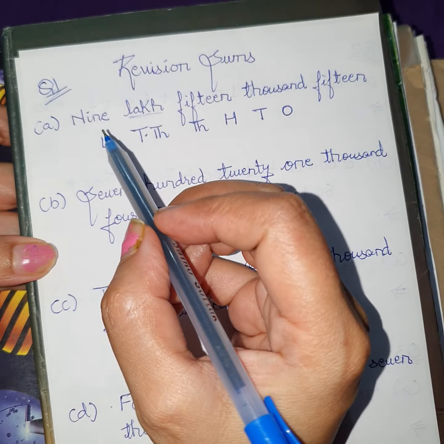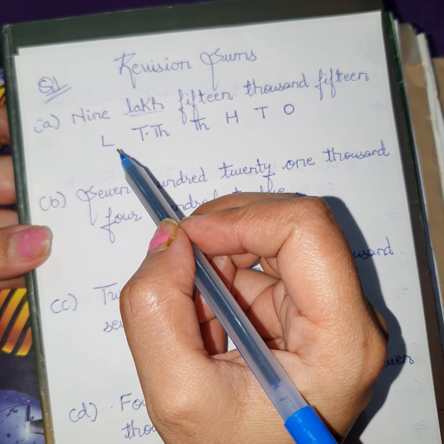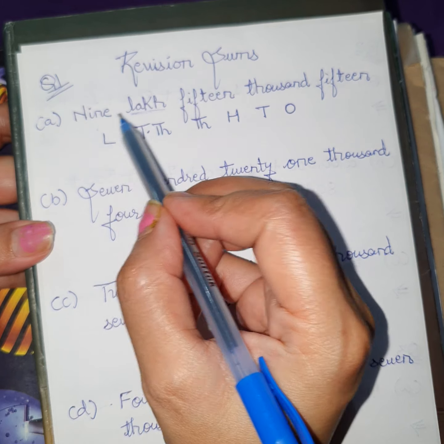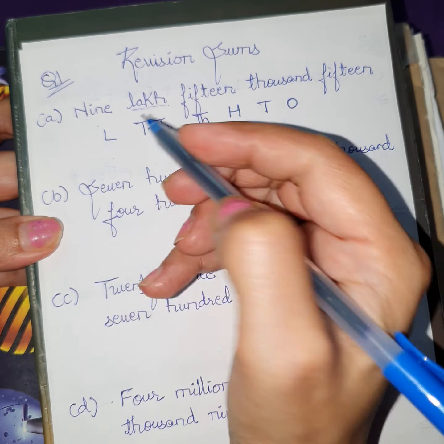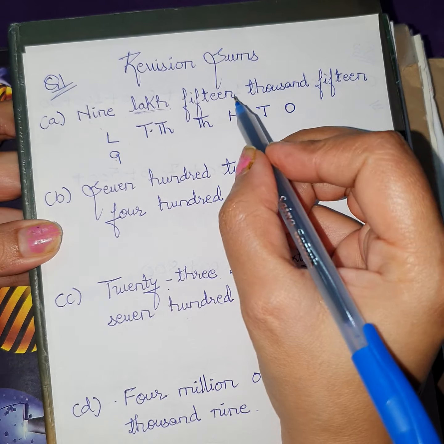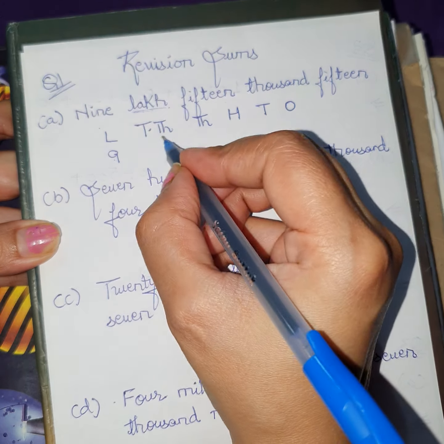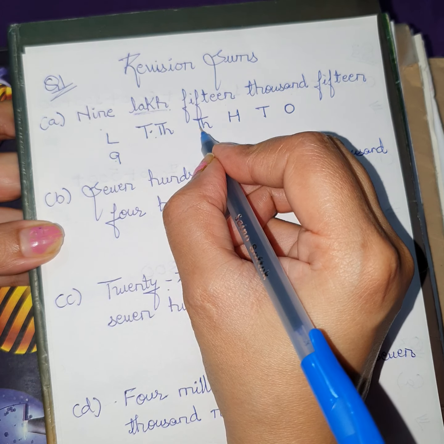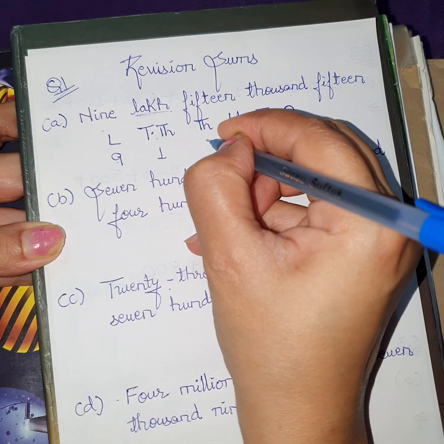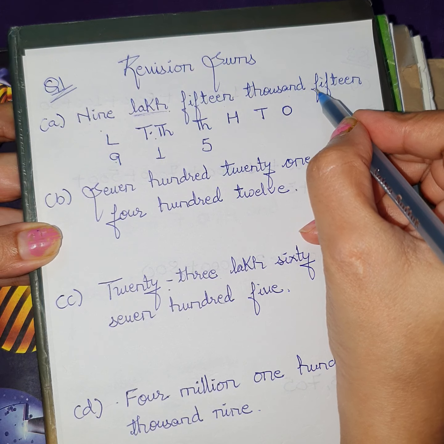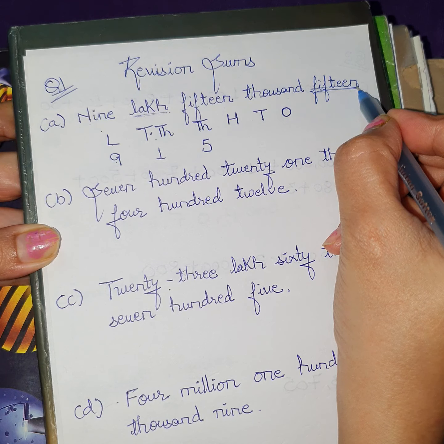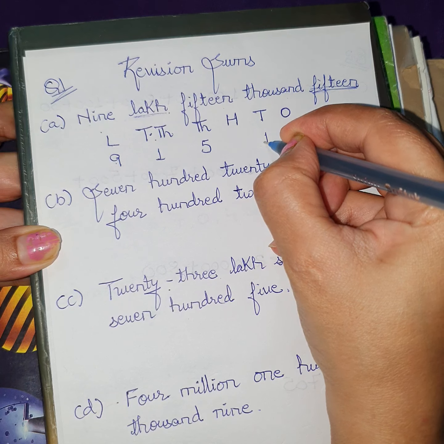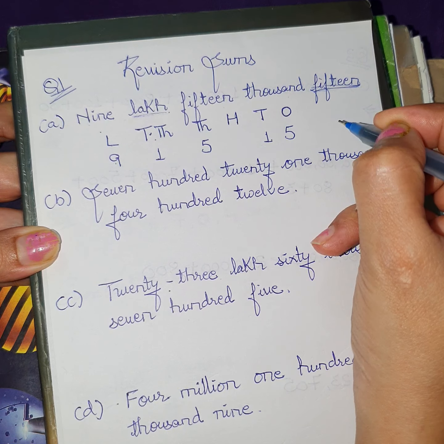Now we will place the values in this place value chart. It is 9 lakh, so in lakh column 9 will come. 15,000: so in 10,000 and 1000 column, 1 and 5 will come. Then 15, directly 15, so this 15 will come in tens and ones place.